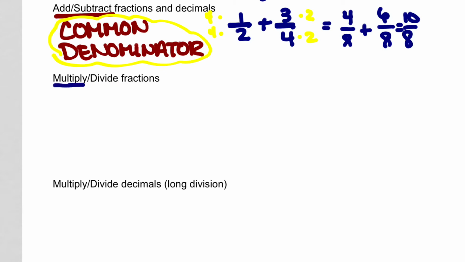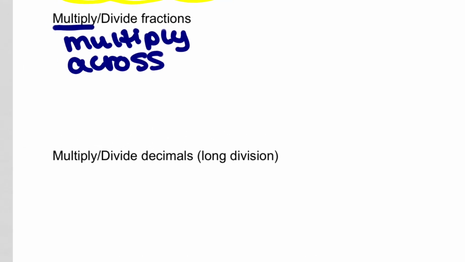Let's see, when I multiply fractions, I just multiply straight across. Okay, I'm going to multiply straight across. So let's make this bigger here. Let's say I have 6 over 4 times 2 over 3.